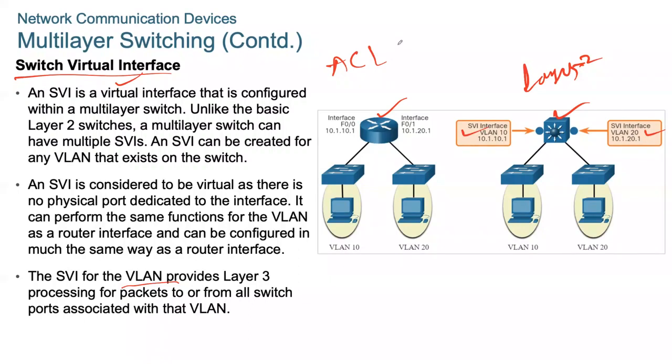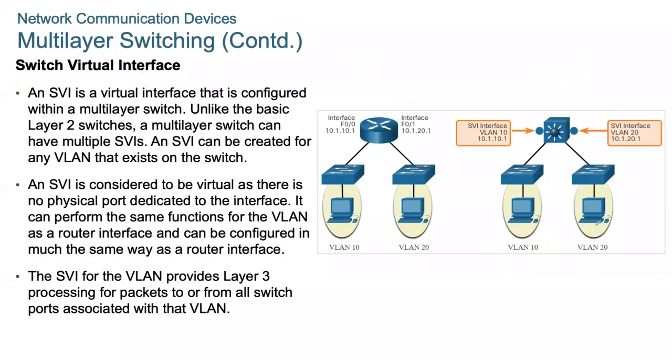So these SVIs for the virtual LANs provide layer 3 processing for packets to or from all the switch ports which are associated with the virtual LANs, virtual LAN 10 suppose and virtual LAN 20.